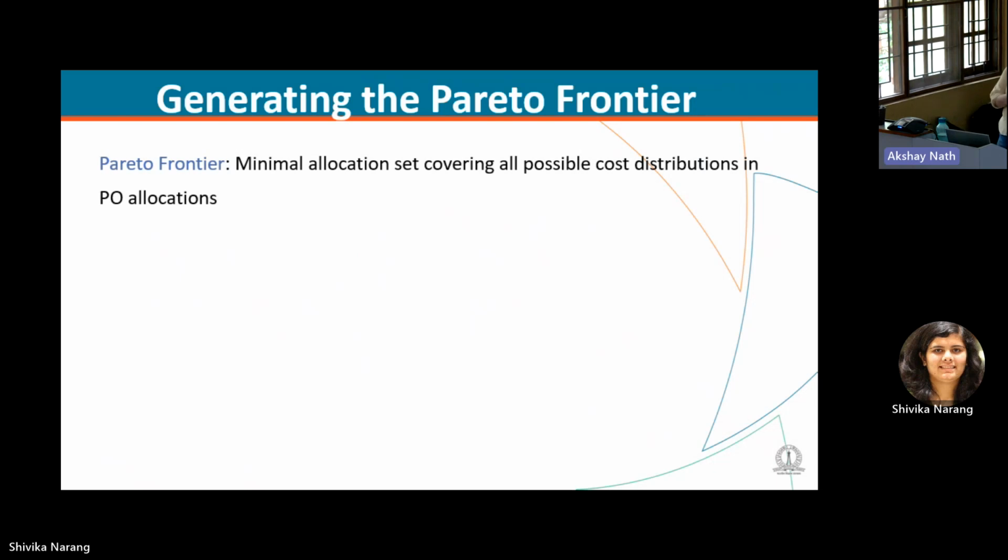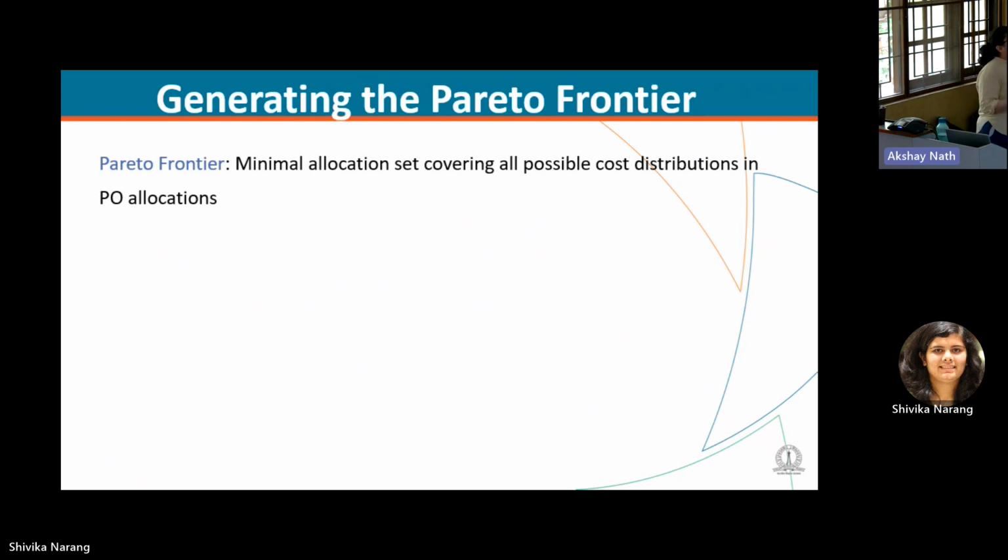So what is a Pareto frontier? It is a minimal set of allocations that will cover all possible cost distributions that any PO allocation can have for your instance, right? So basically you will always find one Leximin optimal solution, you would always find one socially optimal solution, and many more in between.